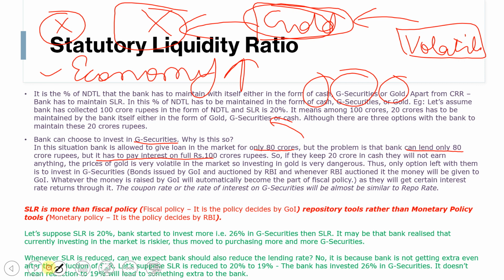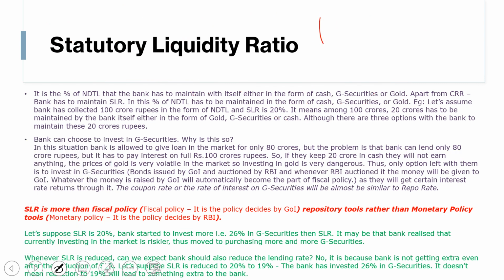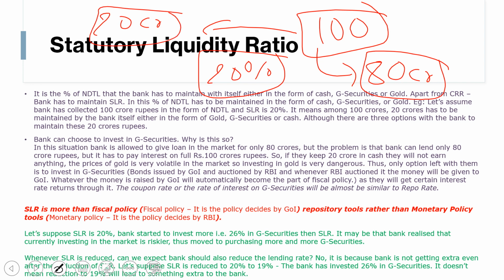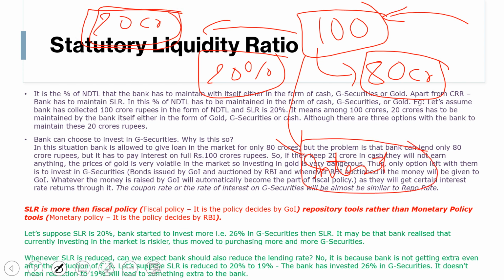Just understand one more thing here: the bank has rupees 100 crore. Now the government, or RBI, has said that you have to maintain 20% of the NDTL. It means the bank can lend 80 crores in the market, and 20 crores will be left with the bank. The person who has deposited this 100 crore in the bank has to be paid interest on the whole 100 crore rupees, but the government is saying that you have to keep 20 crore as a safe deposit.